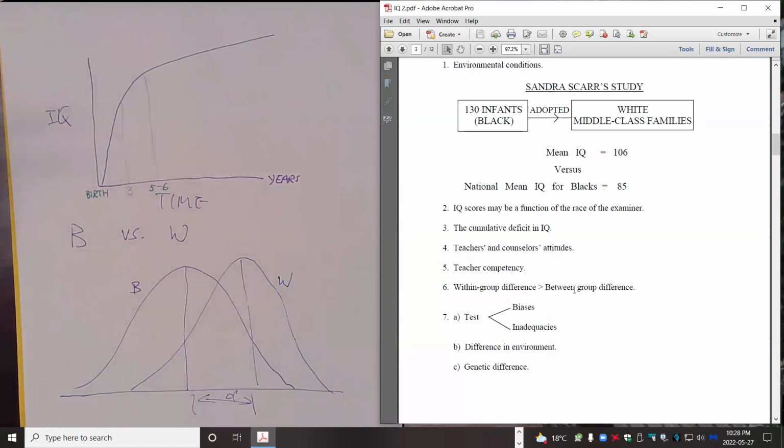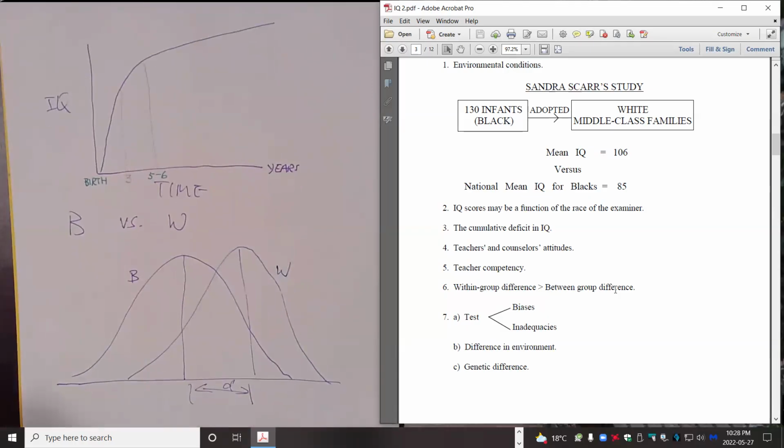And those variabilities kind of overwhelm the variabilities between the two groups. So that is what is meant by within group difference larger than between group difference. That is to say, any comparison between the two groups will sometimes be meaningless, and we won't be able to find a significant difference.